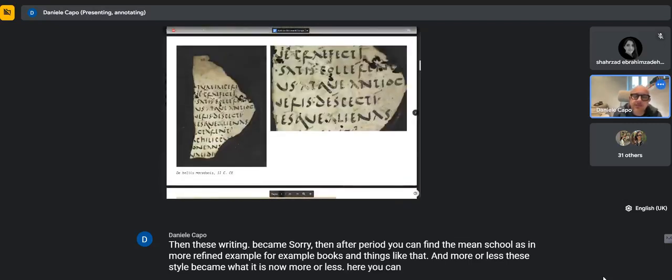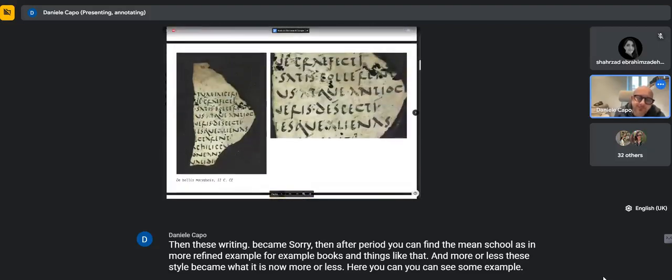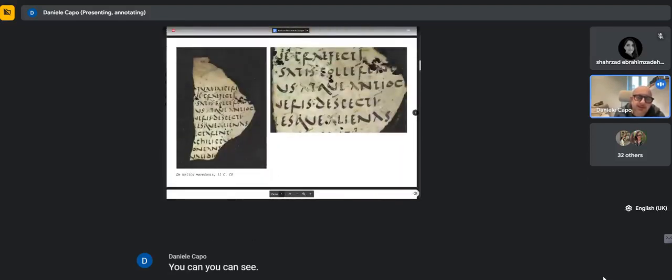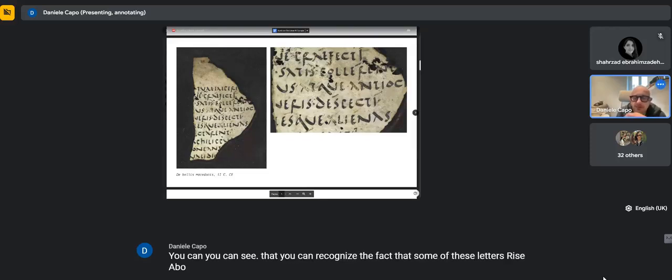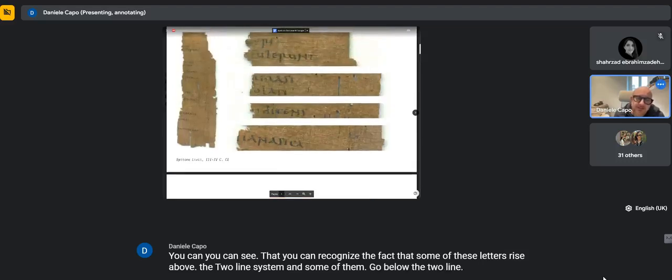Here you can see some examples. You can recognize the fact that some of these letters rise above the two-line system, and some of them go below the two-line system.